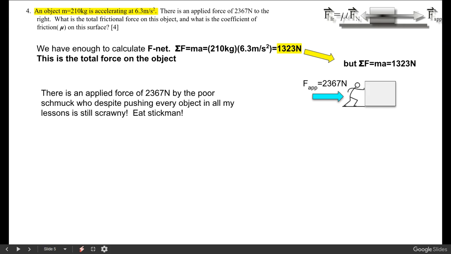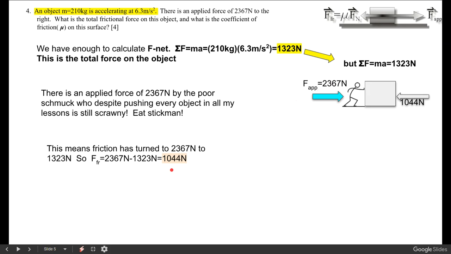But I already told you the total force on the object is only 1,300. So we have a total force of 1,300, but this poor sap is pushing with 2,300. Where did like over 1,000 newtons go? That was the friction. So the friction is 1,044 newtons. Over here, see?